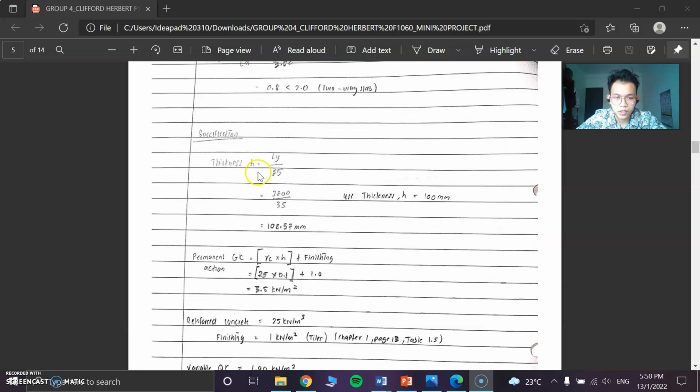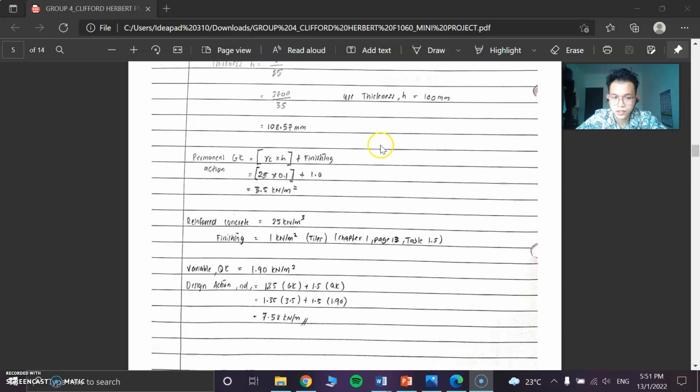For specification, my thickness Ly divided by 35, I've got 108.57 millimeter. So I need to use higher than it, so I'm going to use 100 mm for thickness.